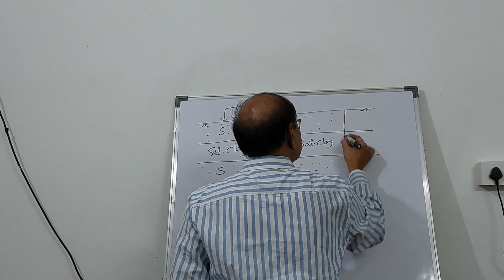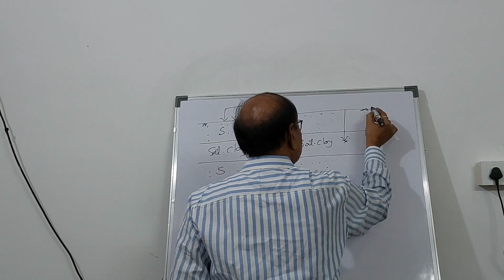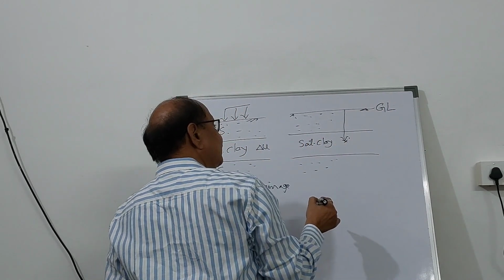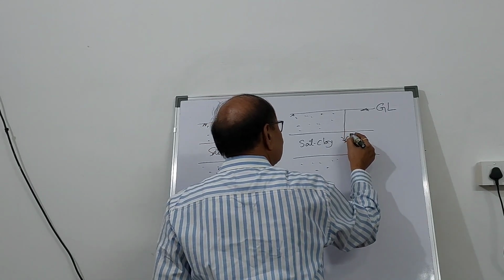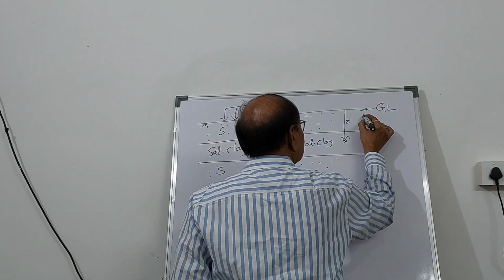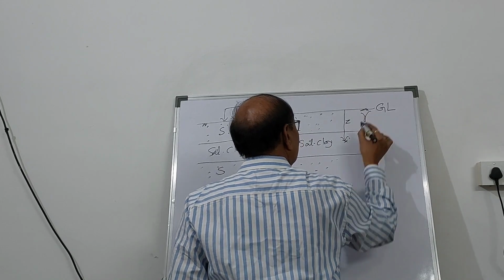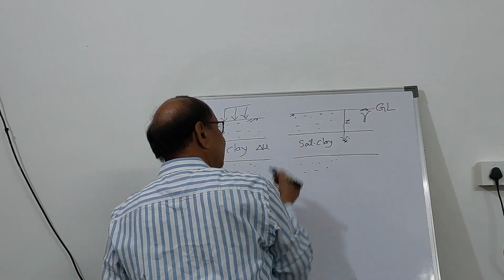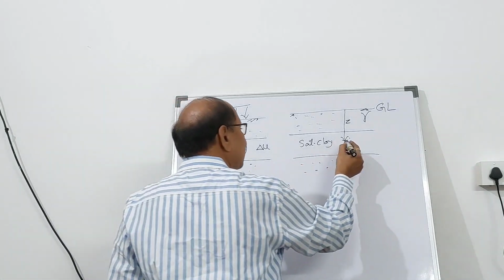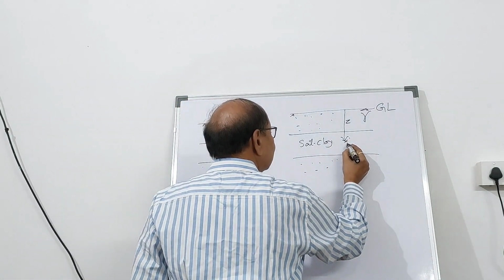By knowing the vertical distance from the ground level and knowing the unit weight of the ground or the soil mass, you can calculate the overburden pressure.